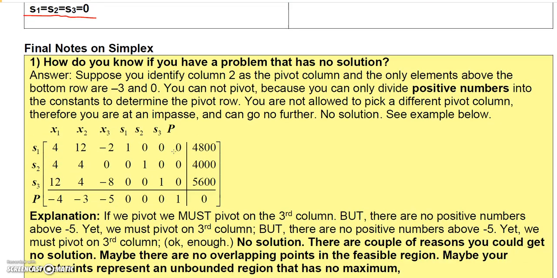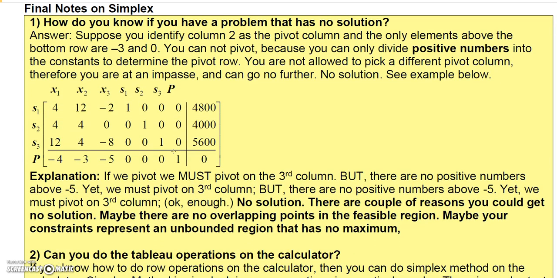So my final notes on the simplex, I've kind of mentioned this before, but how do you know if a problem has no solution? Well, just take a look at this. On this example, let's say this was my initial simplex tableau. Well, here I've got to pivot on the -5 because that's the most negative indicator. So if I'm going to pivot, I've got to pivot here.